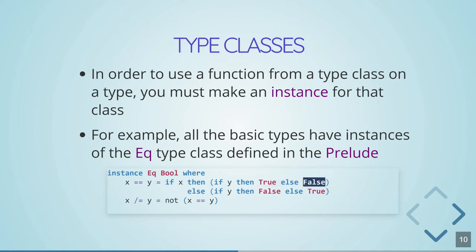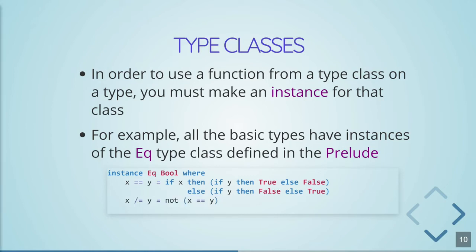Otherwise, we return false. Else, if y is also equal to false, so if both these things are false, then we return true. Otherwise, we return false. And does not equal we can define more simply because we already defined equals, as just being the not of the double equals.